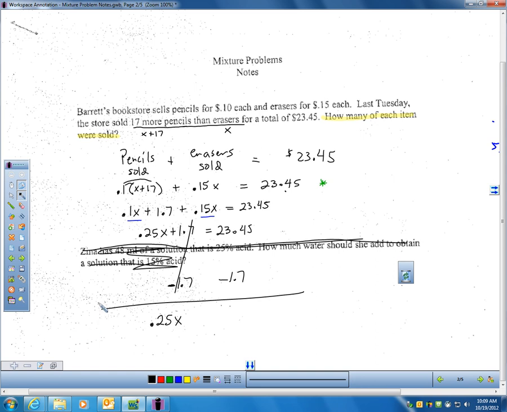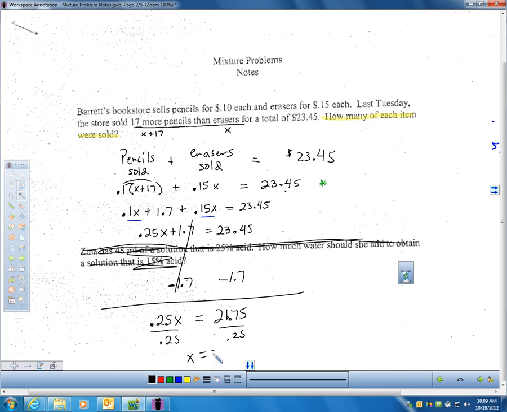That's 21.75. And then I can divide by 0.25. And when I do that, I am getting 87.